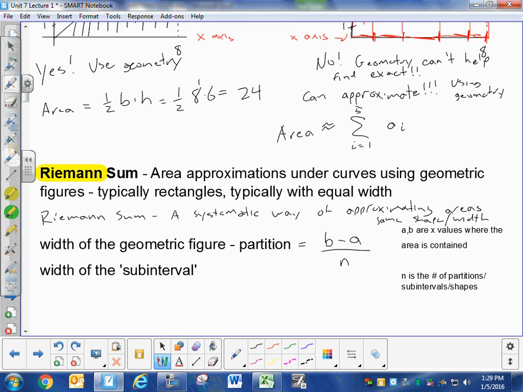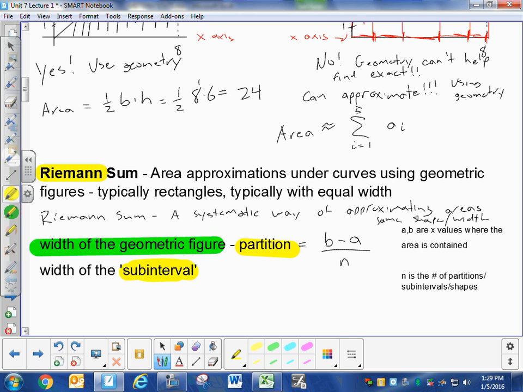Okay? So that's the first step, to regularize, normalize, make it easy for us to find our bases. We find the width of our geometric figure, which is also called a partition or a subinterval. If you're told you're going to use this many subintervals, that'd be this many figures. Like, approximate the area under this curve with 10 subintervals.